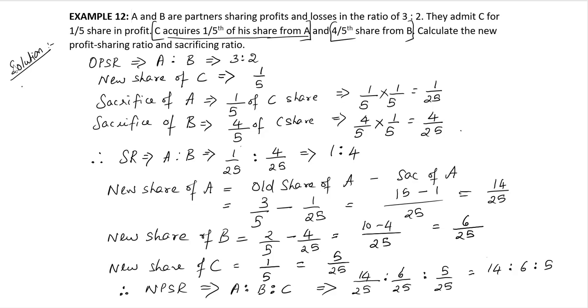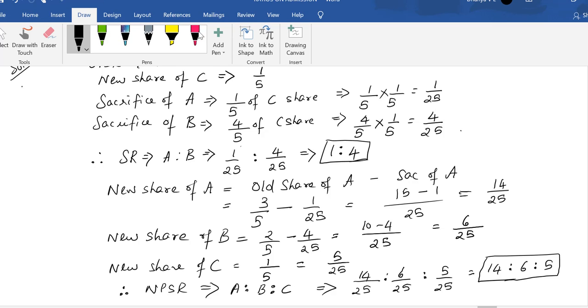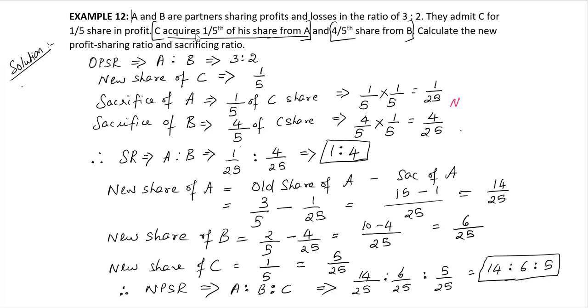So we have the NPSR between A, B and C as 14 is to 6 is to 5, and the sacrifice ratio between A and B as 1 is to 4. Let's summarize. New profit sharing ratio between A, B and C is equal to 14 is to 6 is to 5, and sacrifice ratio between A and B is equal to 1 is to 4.